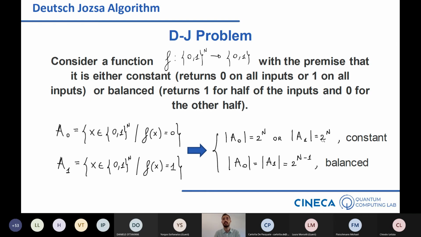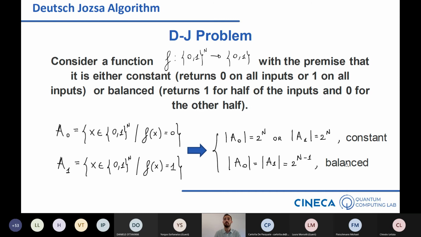In one case, A0 is the full set of possible inputs and A1 is an empty set. In the other case, A1 is the full set and A0 is an empty set.